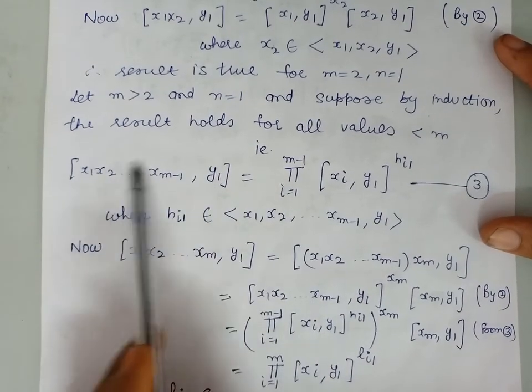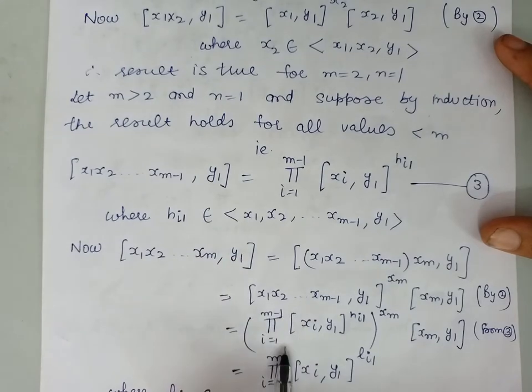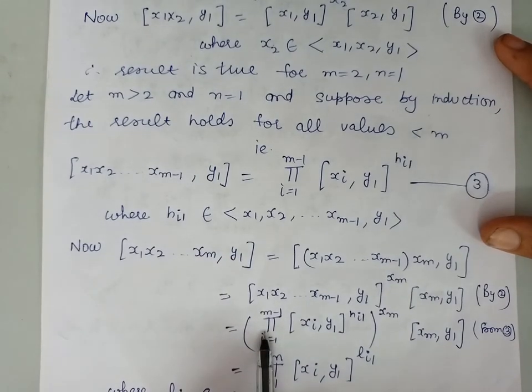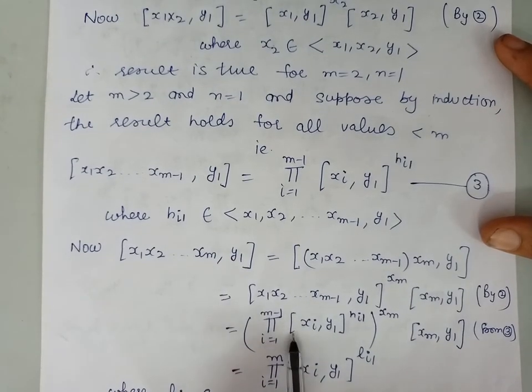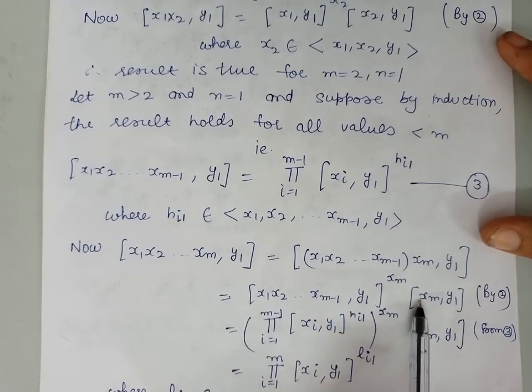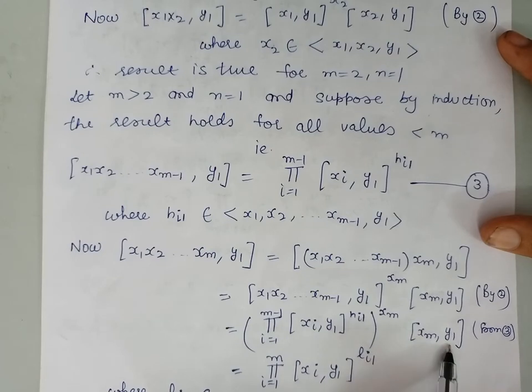Now we can use the induction step. Substituting the value of this term from here, this will become the product of the commutator xi with y1 in the power we have hi1, where i varies from 1 to m minus 1, and this whole power xm into the commutator of xm with y1.